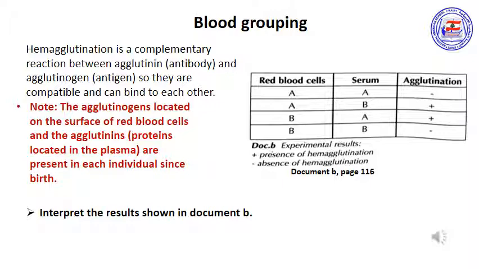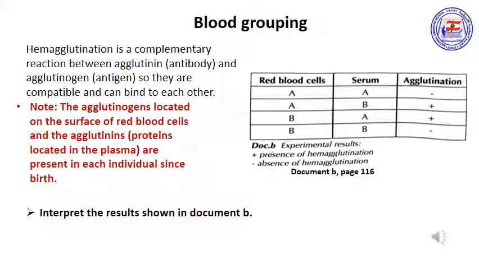For example, in the first row, red blood cells belong to an individual of group A and the serum to an individual also of group A. In the second row, it's between an individual of A and the serum of B. In the third row, the individual is of blood group B and the second one is of blood group A. And in the last row, the two individuals belong to the same blood group. In every case, the result was observed, whether there is agglutination or not.